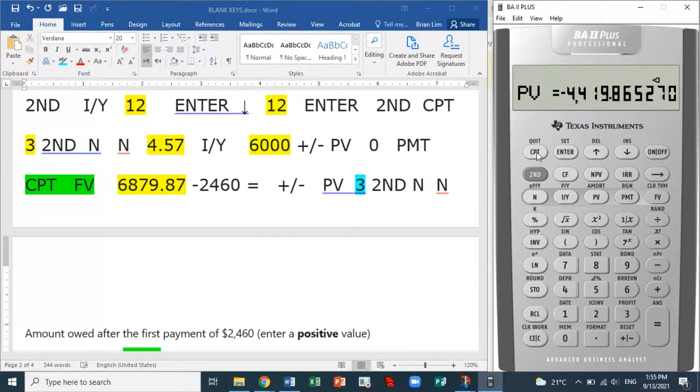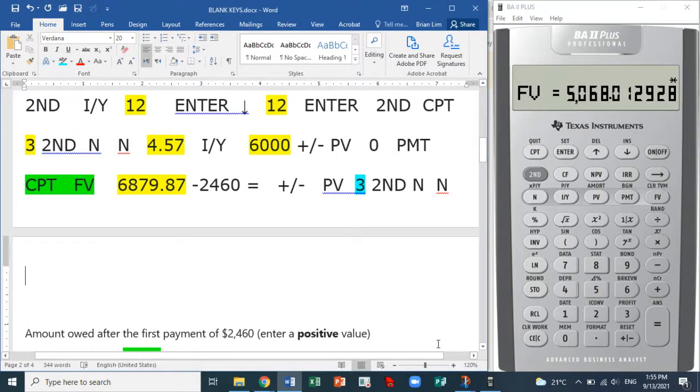So now we compute the future value, and that gives us the answer for the second part. That turns out to be 5068.01.